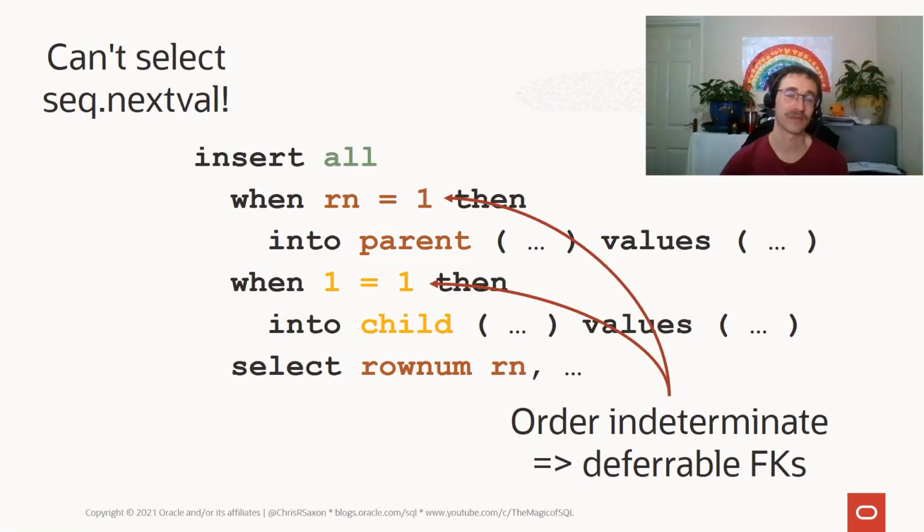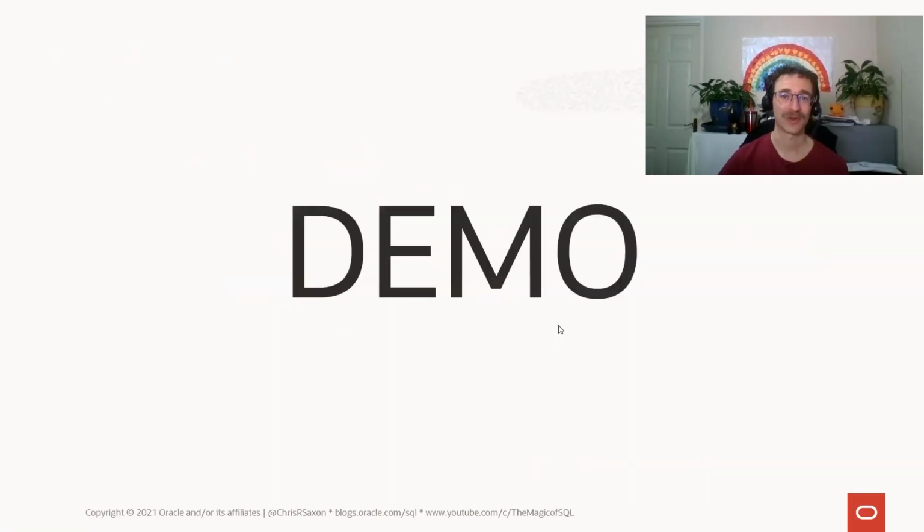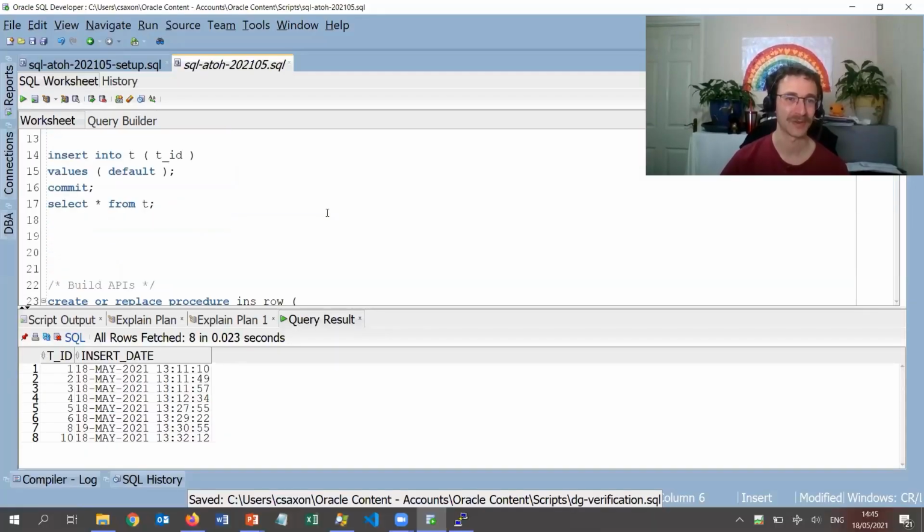It could insert to either table in either order. So potentially it could insert to the child before it inserts the parent, which means you get that foreign key error, is it 2292, whatever it is. So to use this, to be sure it works, you need deferrable foreign keys. So I think this is a great point to jump back over to another demo.